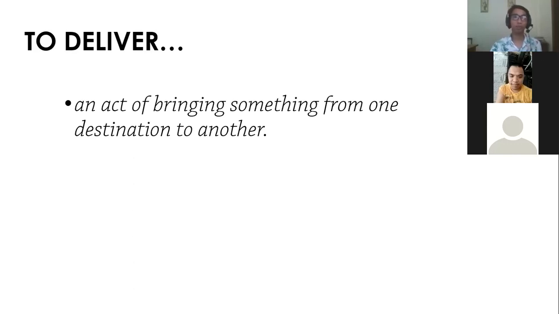Like for example, you are tasked by your parents to bring this item or this object or this thing to your grandparents, to the loved ones, to your uncles, aunties, and to your cousins. So that is a form of delivering. Okay.